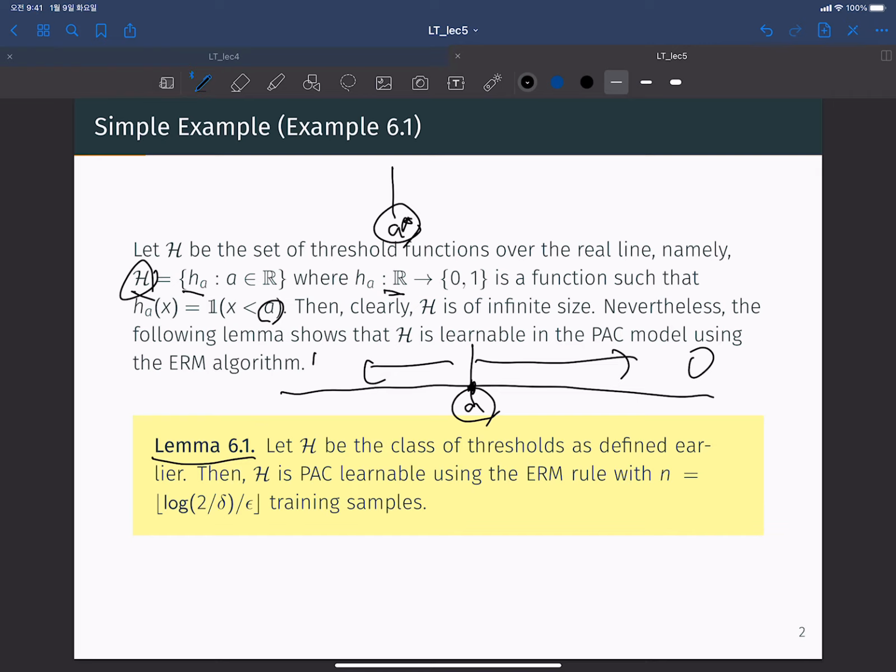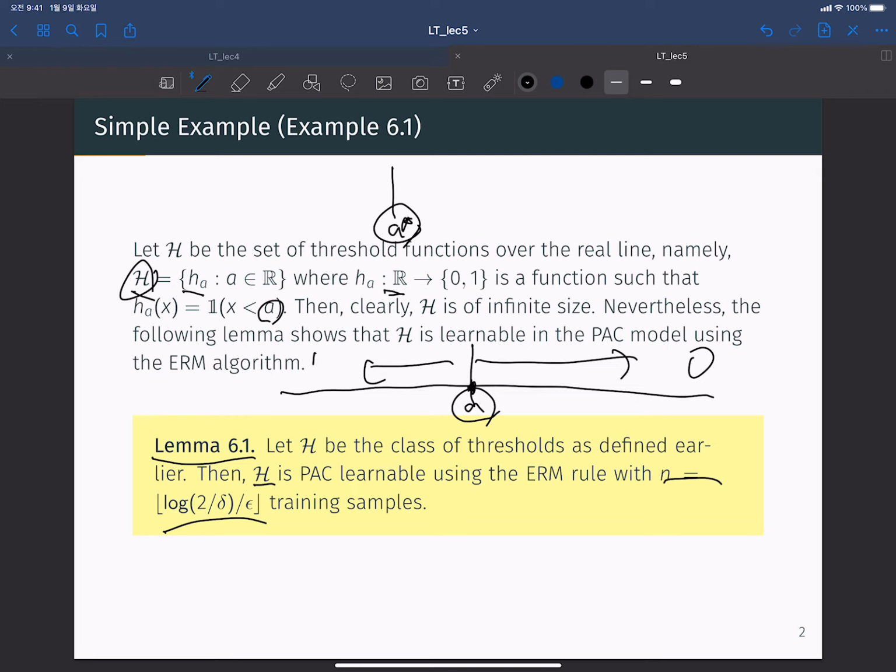Let H be the class of thresholds as defined earlier. Then H is PAC learnable using the ERM rule, the empirical risk minimization rule, with this amount of samples.